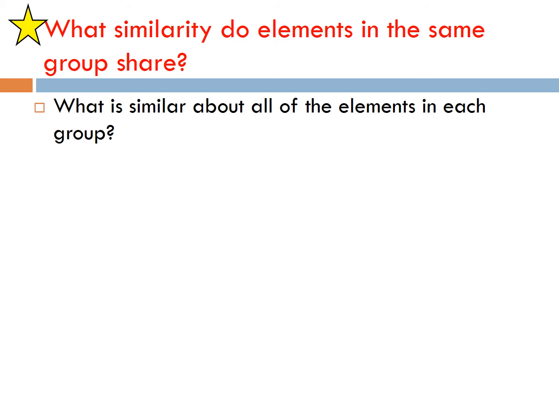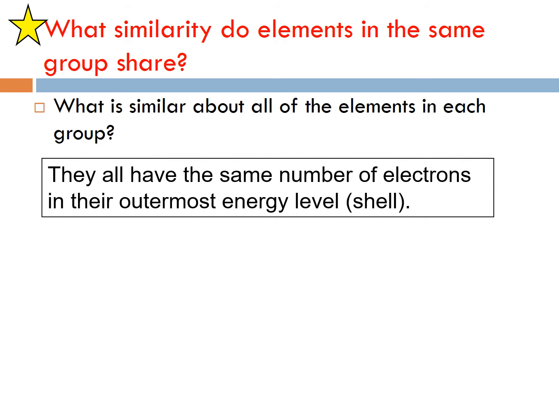So what similarity do elements in the same group share? They all have the same number of outer electrons. So lithium, sodium, hydrogen, they all have 1 outer electron in their energy level, which we call a valence electron. The second group would have 2, and the third group would have 3, and so forth.